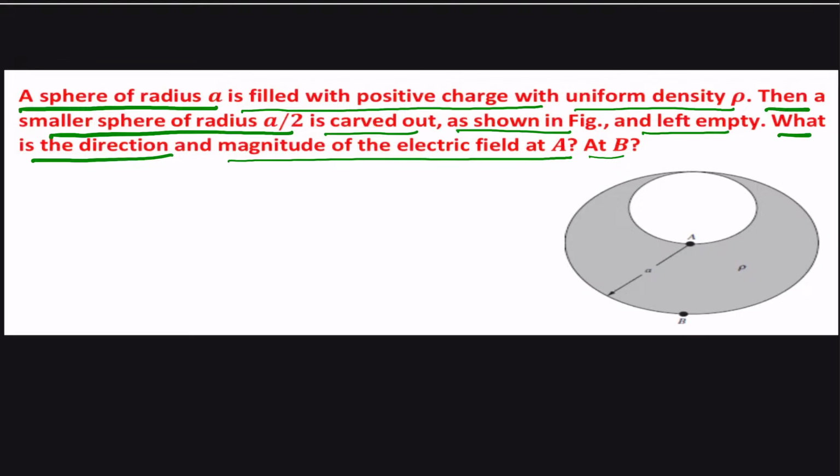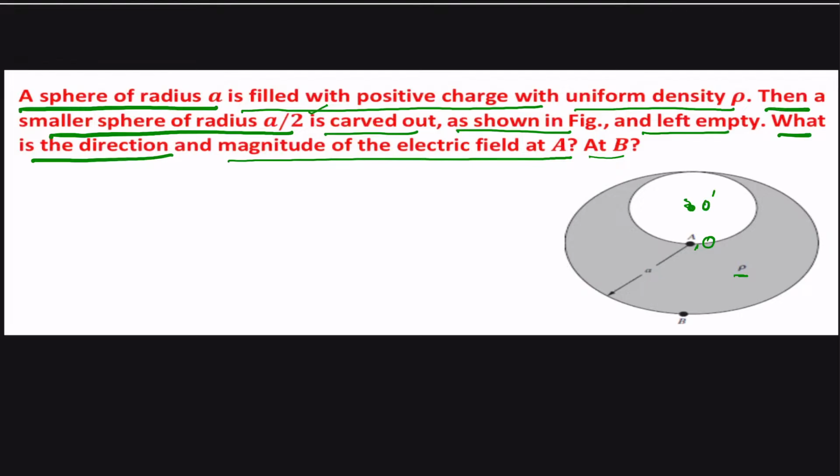So this is our empty part, and this is having a charge density of rho. Point A is at the circumference of the smaller sphere, whose radius is A by 2. So basically this point A is at the center of this bigger sphere. Okay, let us call this O. And the center of the smaller one, let us call this O prime.